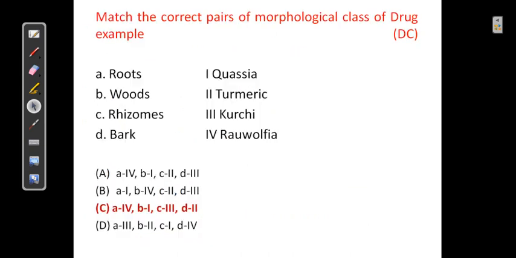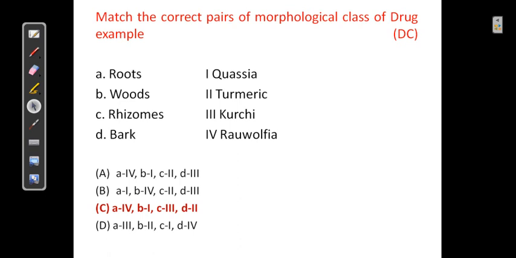Next one, match the correct pairs of morphological class of drug and example. Here parts of drugs are given and we have to match them with the drug. Root. Example of root is Rauwolfia. Rauwolfia root is used as an antihypertensive drug.